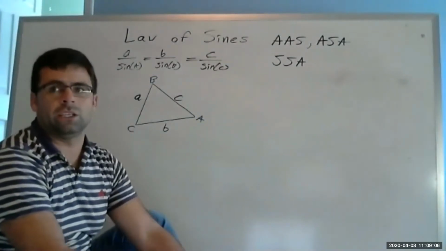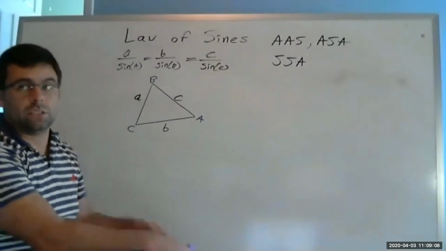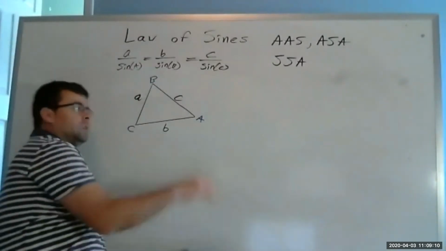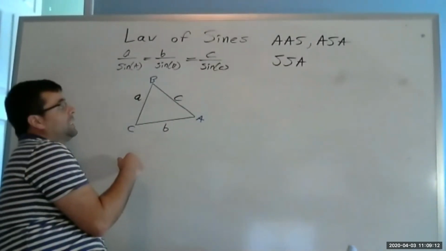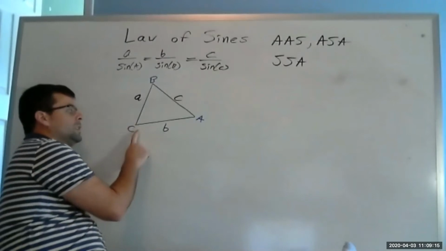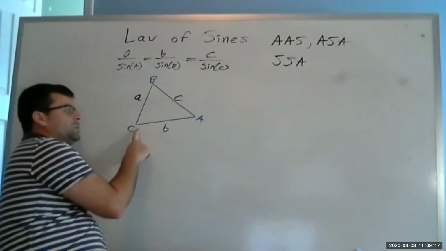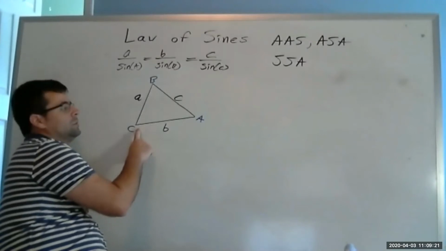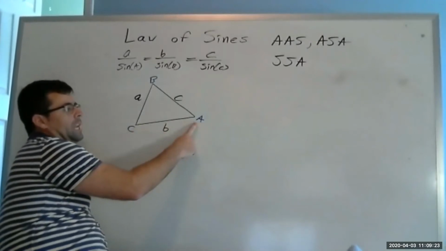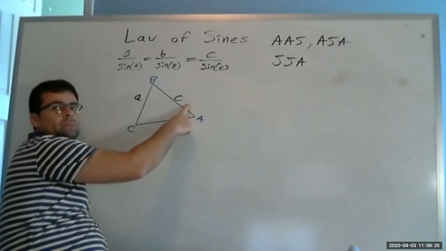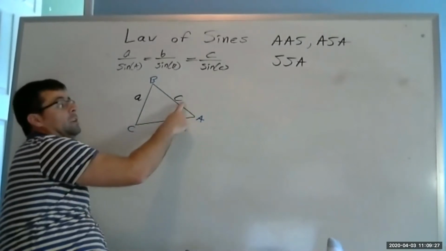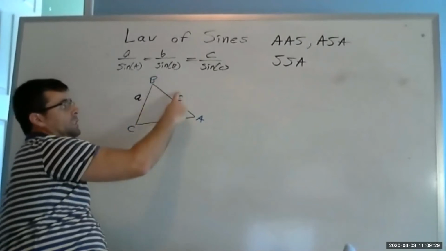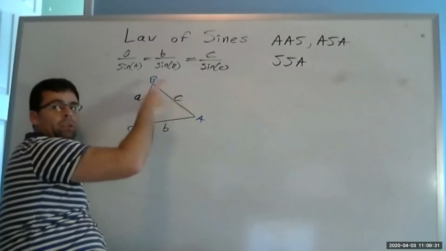The way you count this is you start at the first letter. Let's say AAS, we start at some angle, and then we need the next angle, and then this side. You can go around either way.